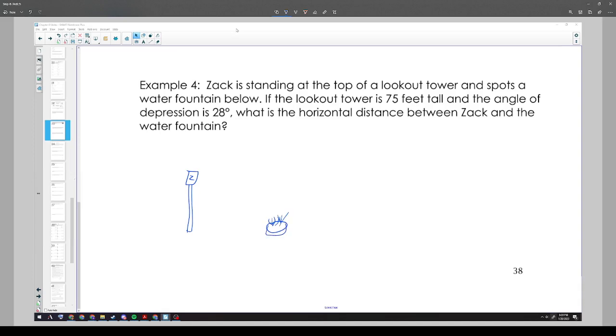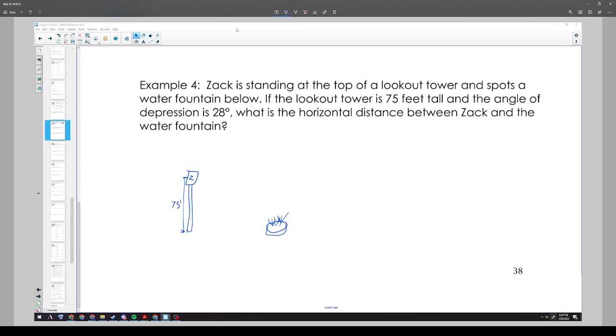Yes, beautiful. Okay. If the lookout tower is 75 feet tall, so here, remember the last problem told us about how high Casey's eyes were above the ground. So when they say the lookout tower is 75 feet tall and don't give us any information about Zach himself, they have to be measuring to his neutral viewpoint.